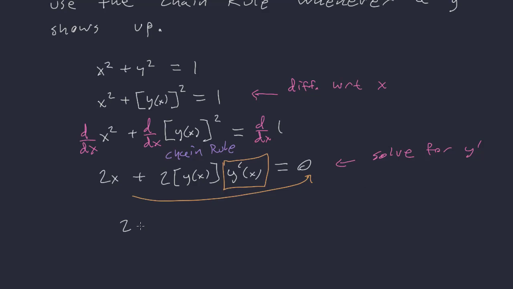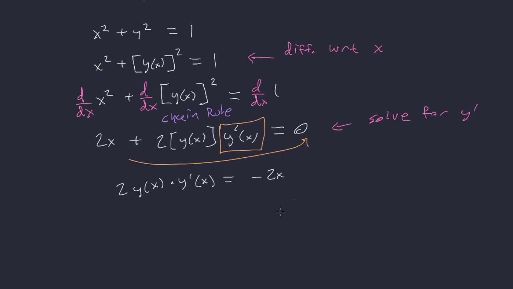Okay, so we're going to get 2 y of x times y prime of x is equal to negative 2x. Okay, now we can divide by this whole thing here. All right, so we'll get y prime of x is equal to negative 2x over 2 y of x.